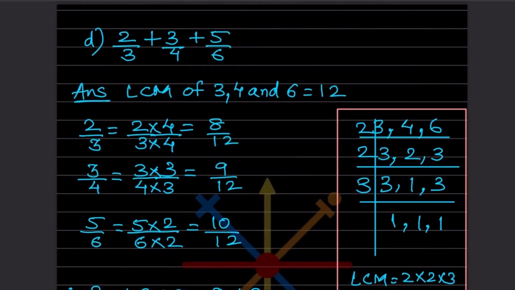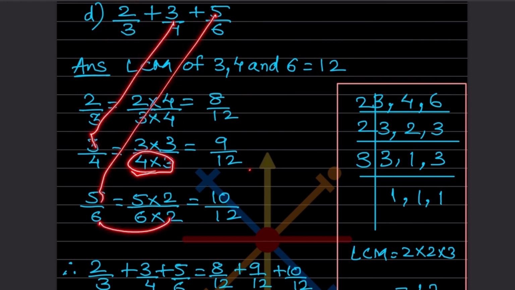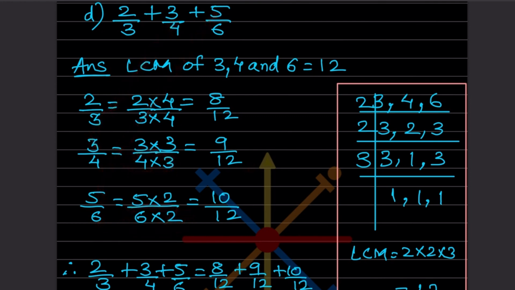Next, you don't have to worry because here there are 3 numbers. Again, first thing, take the LCM. Same, you got the LCM as 12. So this you are writing over here, make it 12. Same thing, only there are 3 numbers that you have to make 12. Again, this one you will make 12. And when you are adding, you are going to add this, this, and this, all 3.